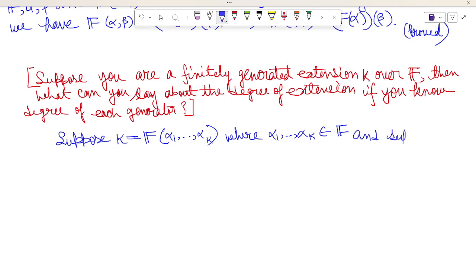And suppose, assume that the individual degrees are unknown.